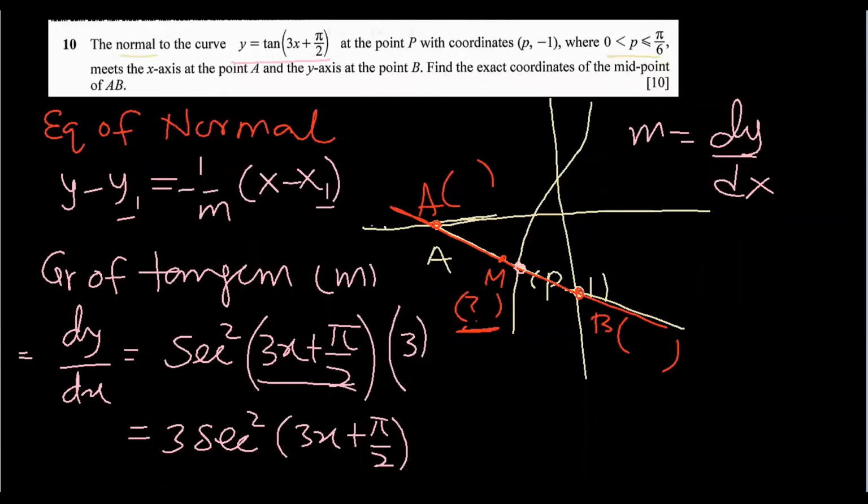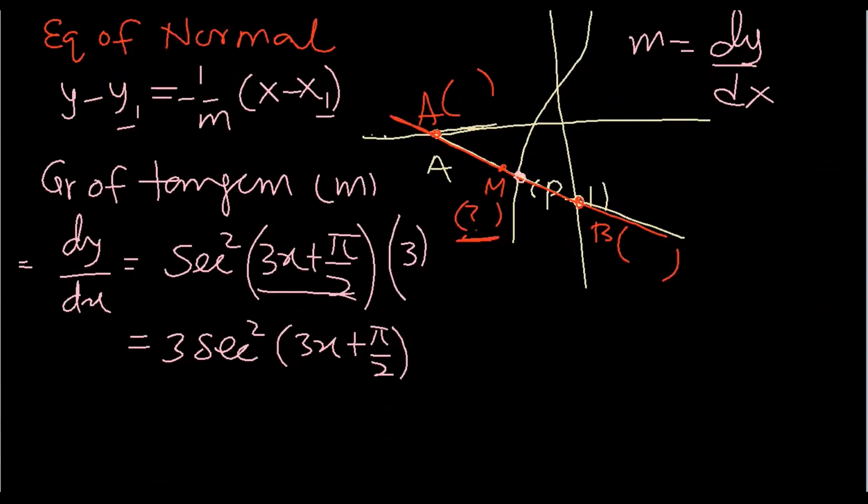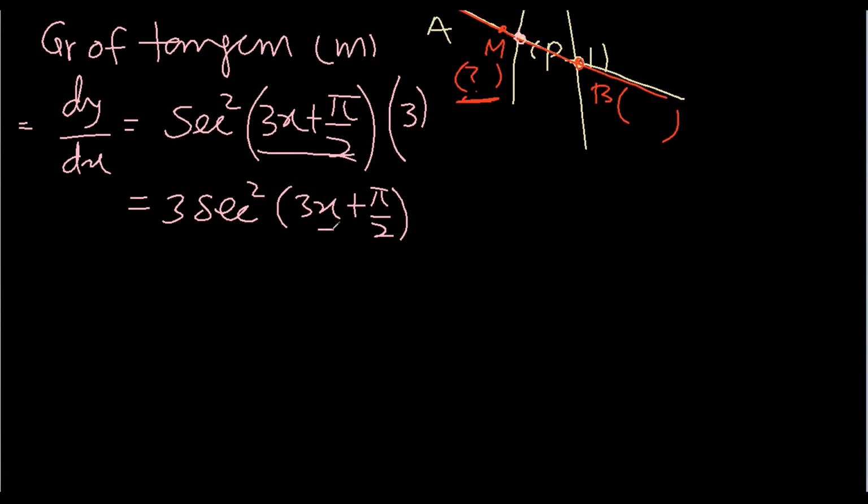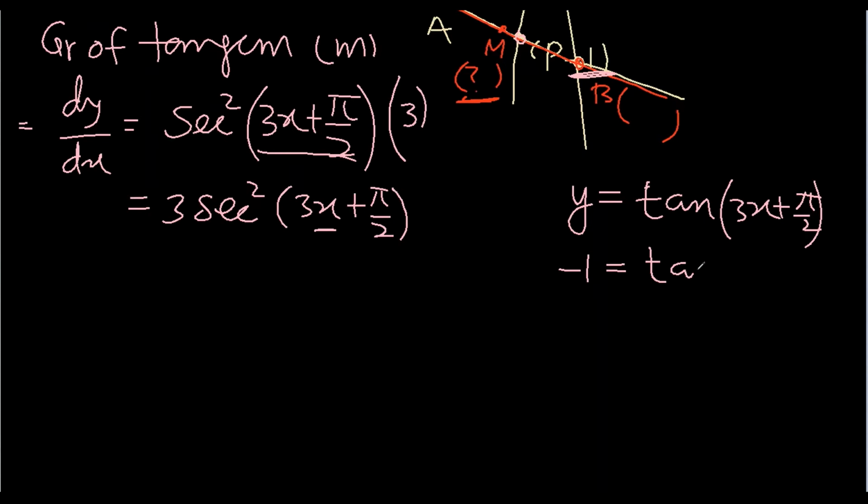Now, we know the y coordinate of this point P, but I need the x coordinate to put here. So to find the x coordinate, let's use the main equation, y equal to tan(3x plus pi by 2). We know the y coordinate of P is minus 1, so minus 1 equals tan(3x plus pi by 2).